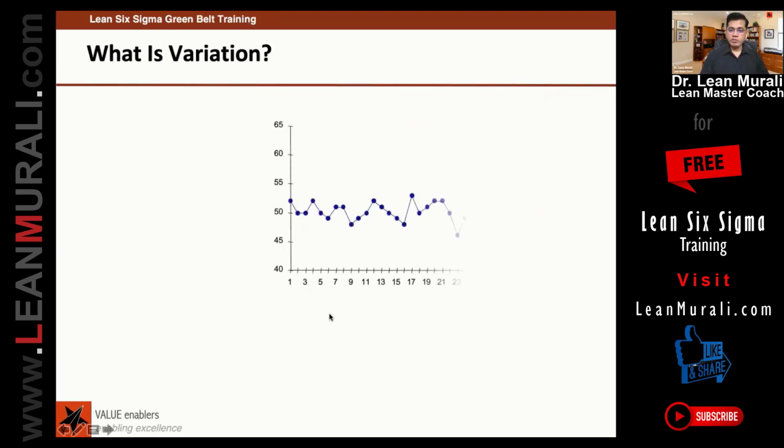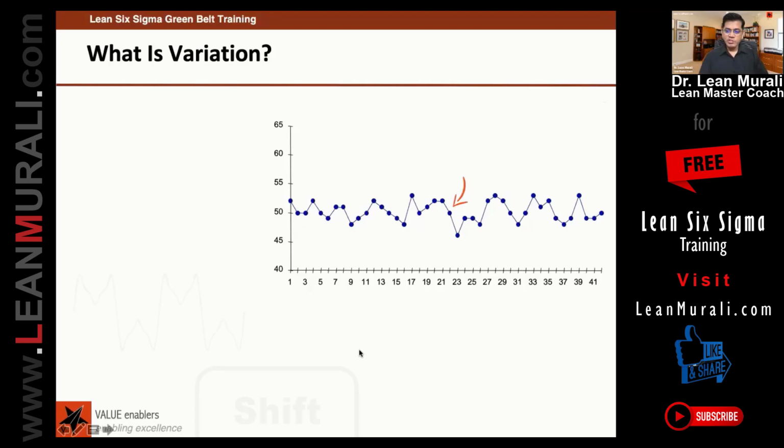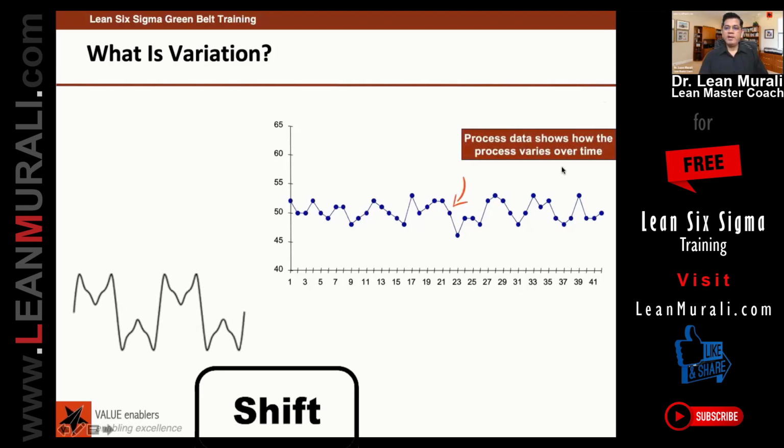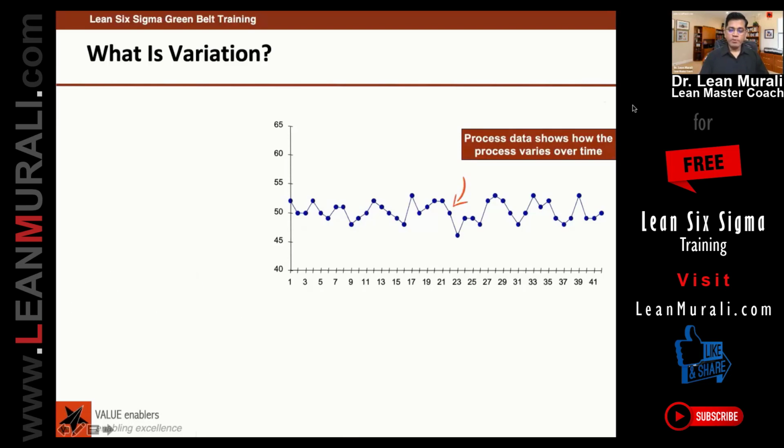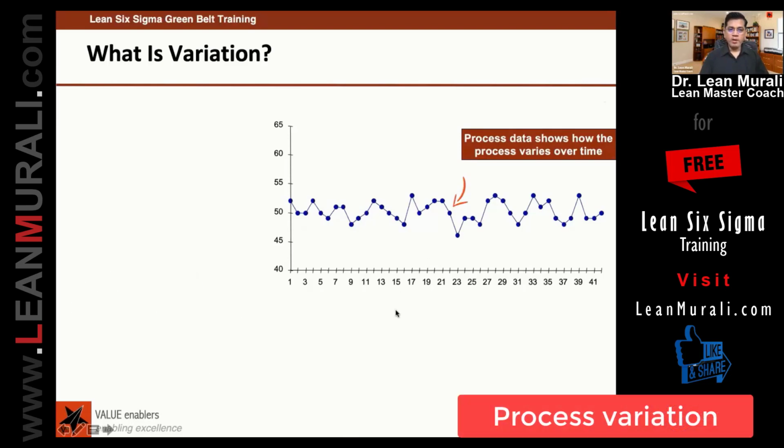Okay, now let us go a little bit deeper into this. What can you see from this data? What is variation? If you see certain points in data, there might be a slight shift. Okay. So the process data shows how the process varies over time.